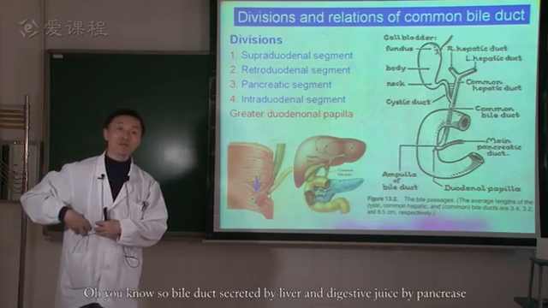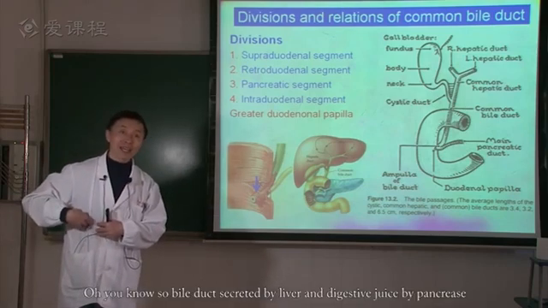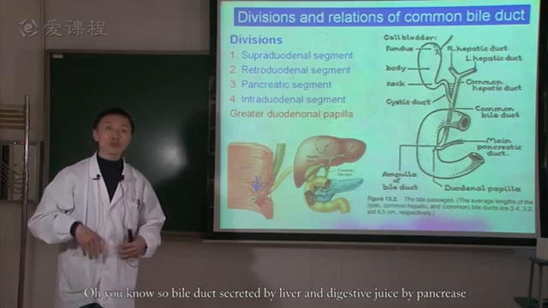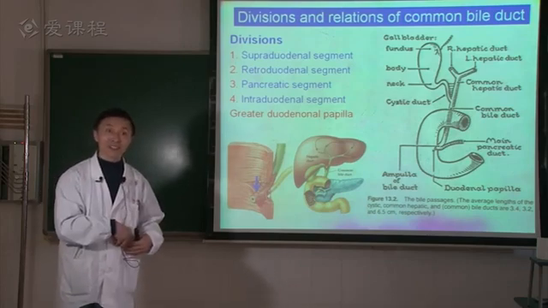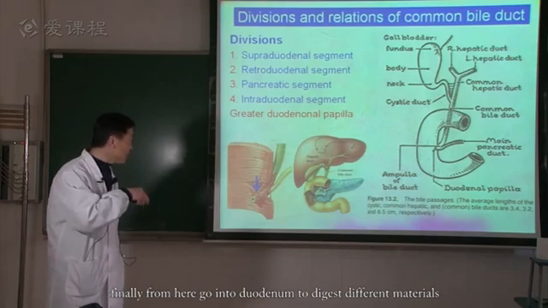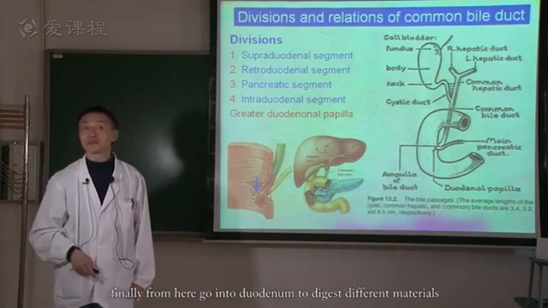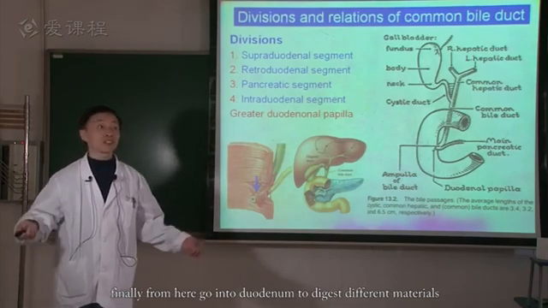So the bile secreted by the liver and the digestive juice from the pancreas finally go from here into the duodenum to digest different materials.